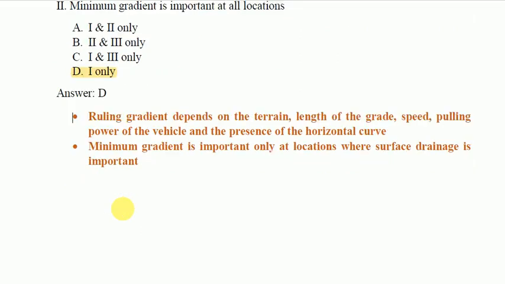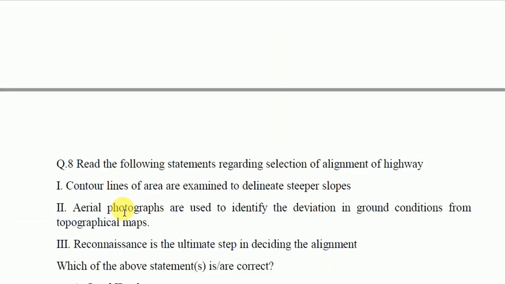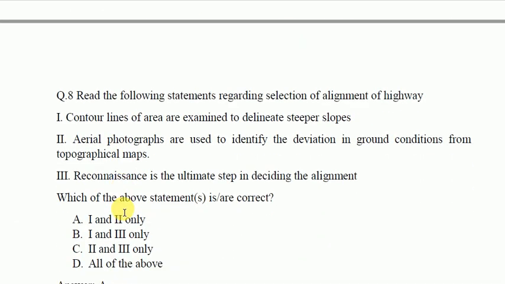Let's move towards next question. Question number 8. Read the following statements regarding selection of alignment of highway. Statement 1, contour lines of area are examined to delineate steeper slopes.